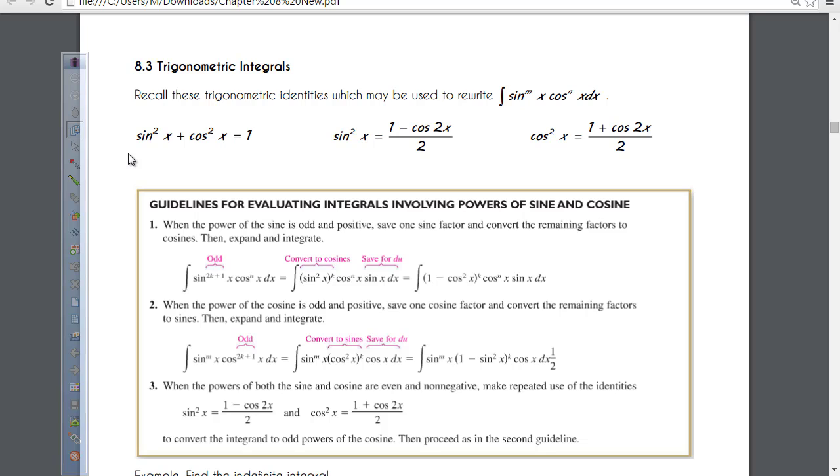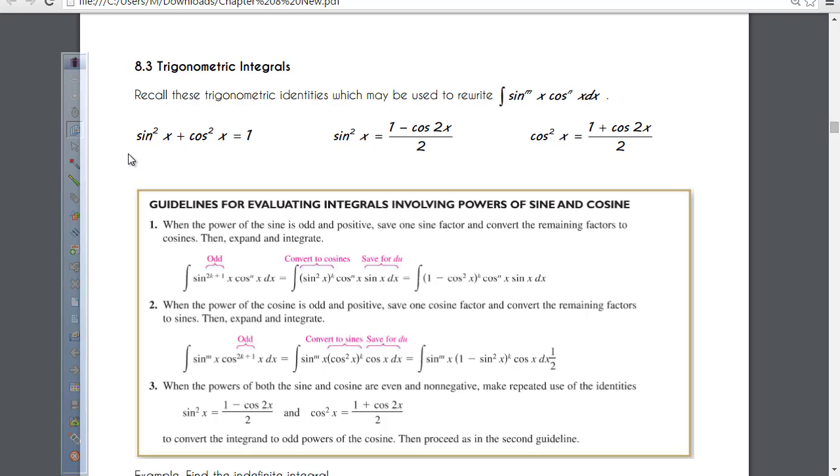I'll show you this in an example, but we can convert sine squared using this rule right here. And then that way we'll be able to go on with our manipulation for our problem.